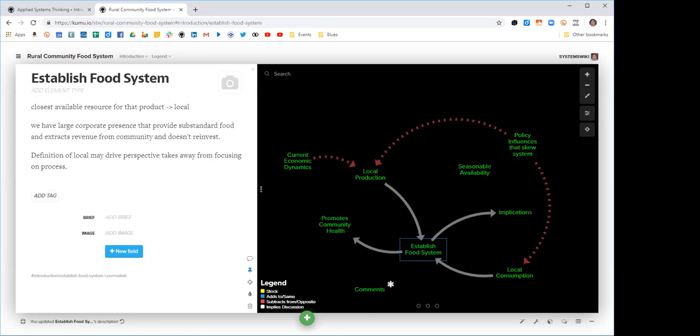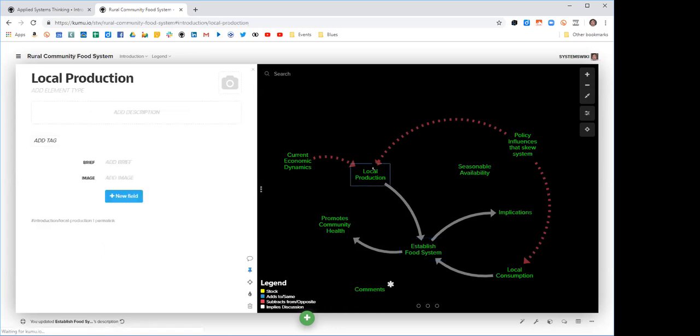So we have a question about what the definition of local actually means. We've talked about local in terms of distance, and then there's local in terms of what is currently sourceable based upon seasonal availability.